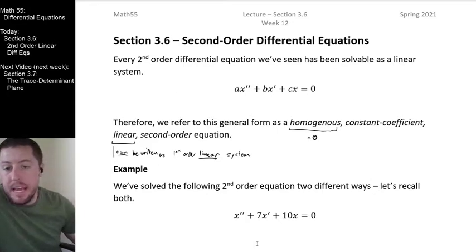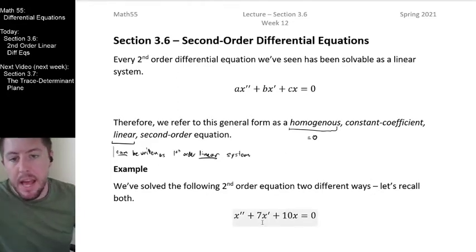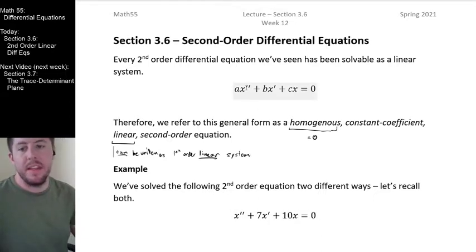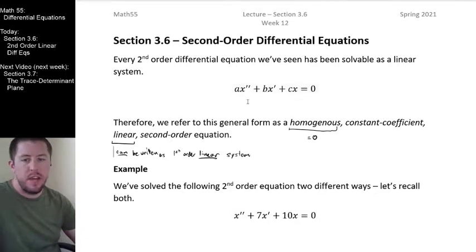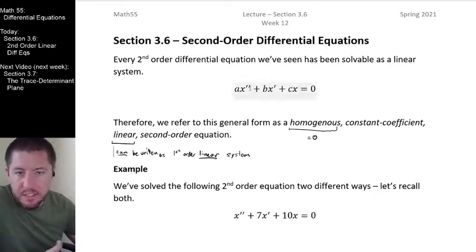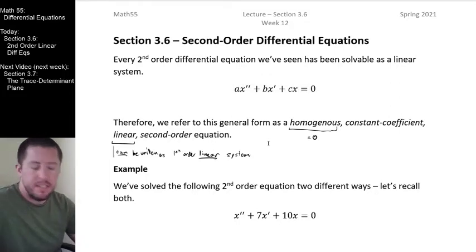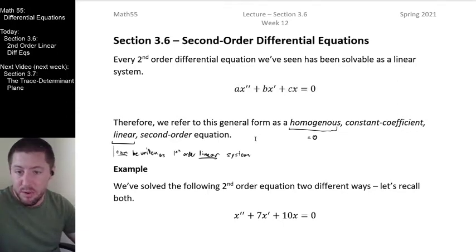What that really means is that it can be written as a first-order linear system rather than a second-order equation. Second-order, obviously, just means that there are two derivatives in there. So this is the long-form fancy name for these things that we've been looking at: a homogeneous constant coefficient linear second-order differential equation. Such a mouthful, but all those individual adjectives are not too terrible to pick apart.